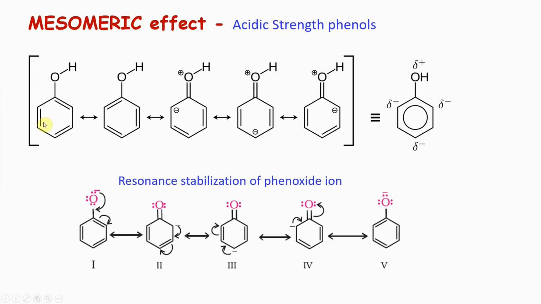What are we going to see in this lecture based on these effects? If you crudely remember which groups are plus R and which are minus R, that is enough. But it is better that you understand why they do it. I showed you before, this lone pair can be given inside, can be given here.